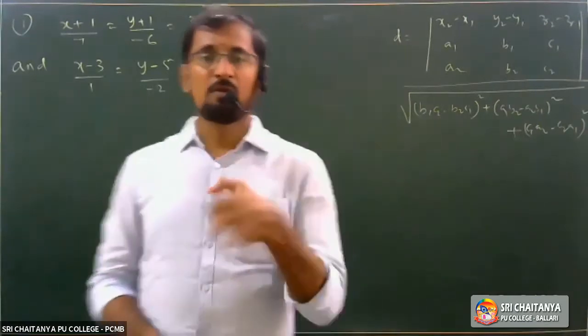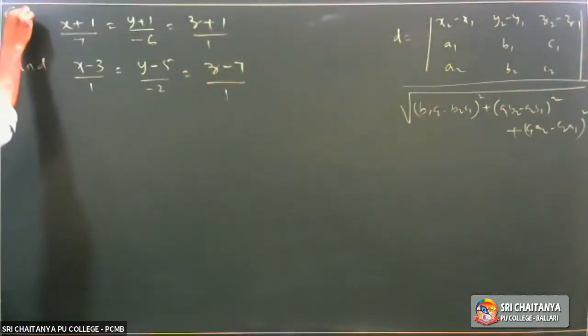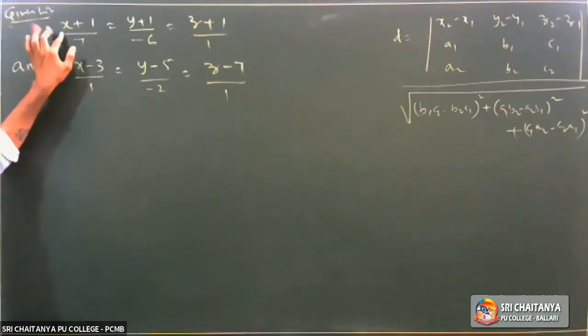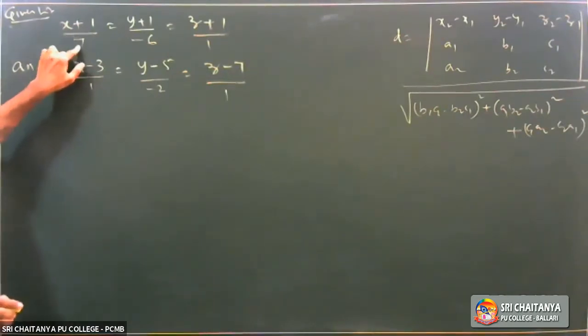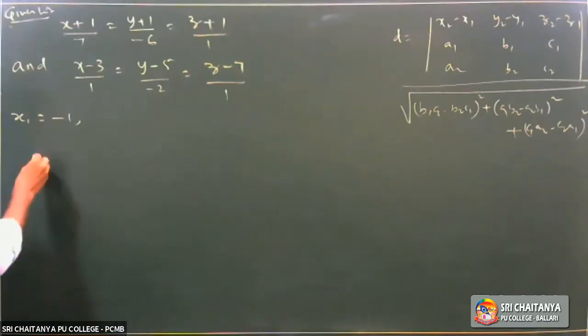Now observe, I am going to write all the values here. Comparing this line with x minus x1 by a1, x1 value is minus 1.